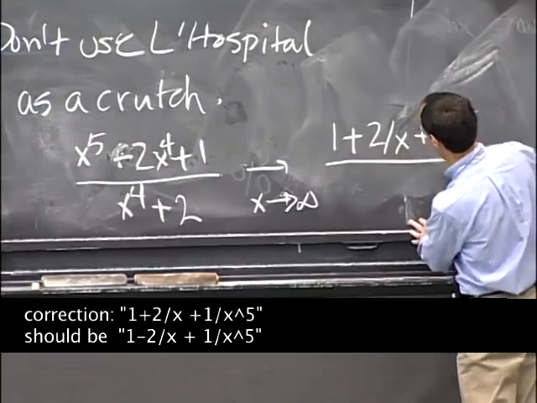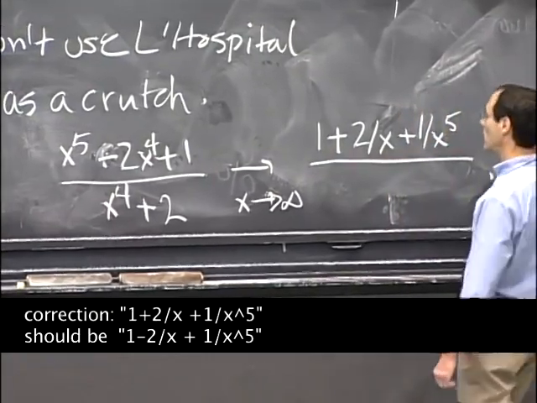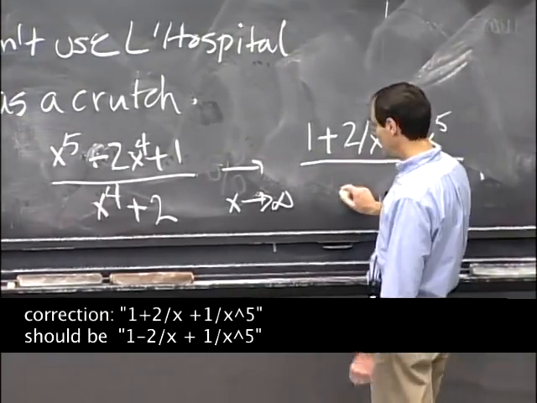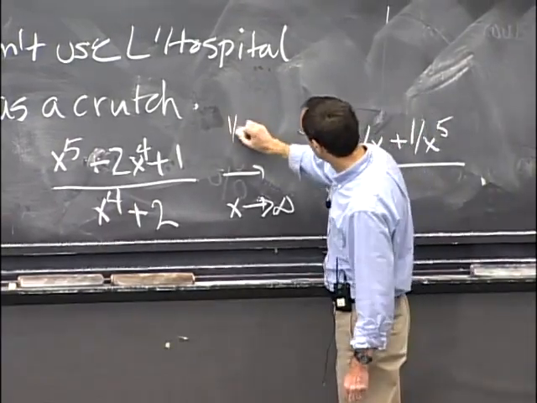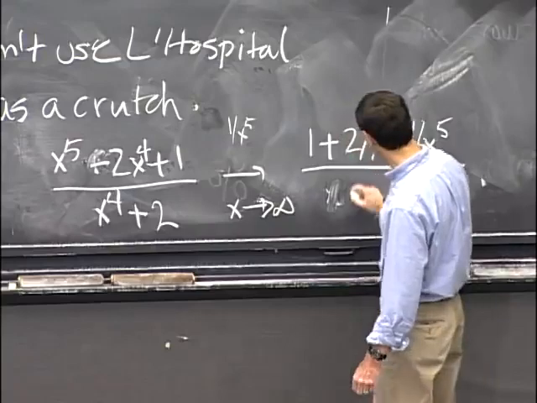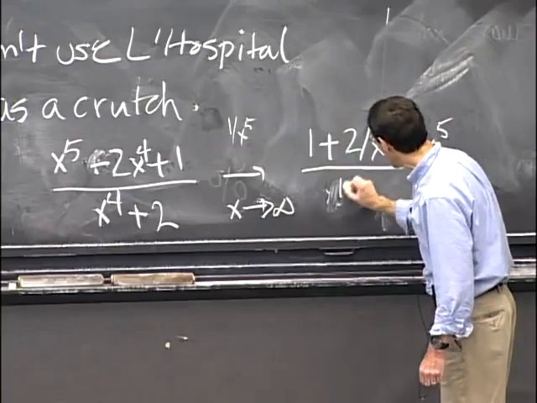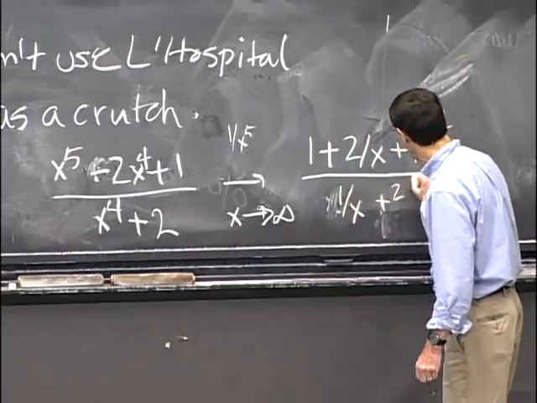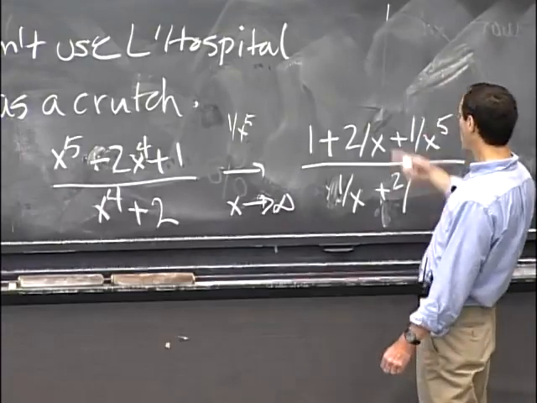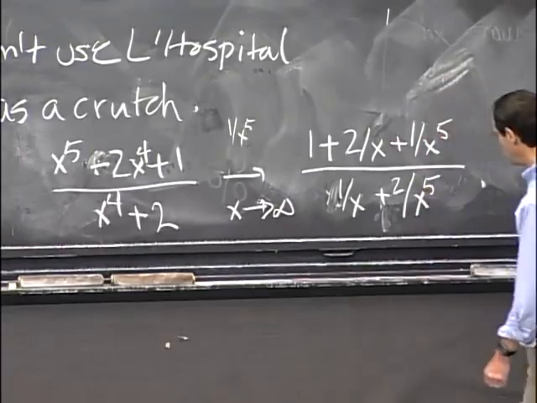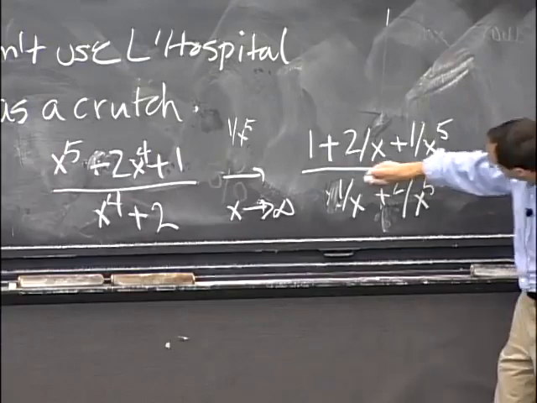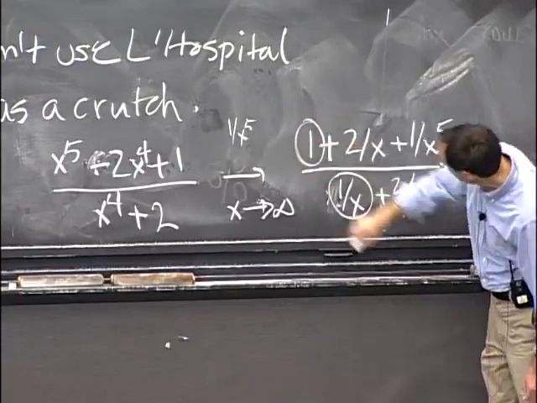And then in the denominator, it's x, so this would be dividing by 1 over x to the 5th in both numerator and denominator. And here you have 1 over x plus 2 over x to the 5th. So these are the main terms, if you like.